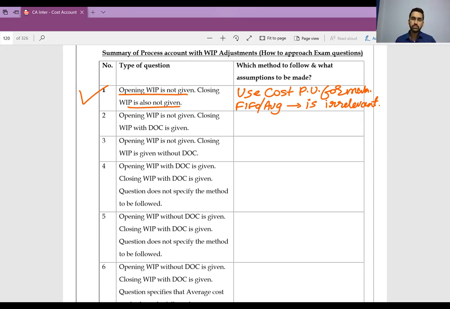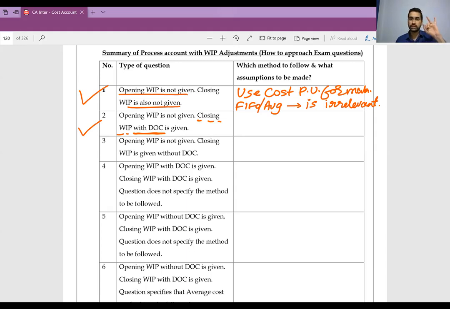Okay. Next, question number 2. Possible question number 2. Opening WIP is not given. Closing WIP with degree of completion is given. By the way, the moment you hear closing WIP, you should understand you cannot use the cost per unit formula. What to do?